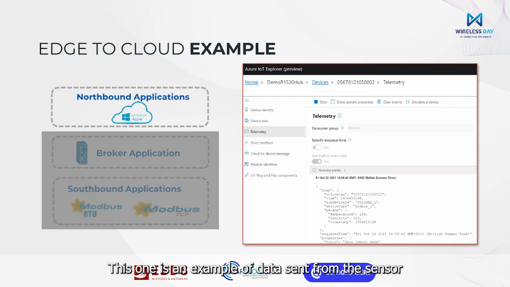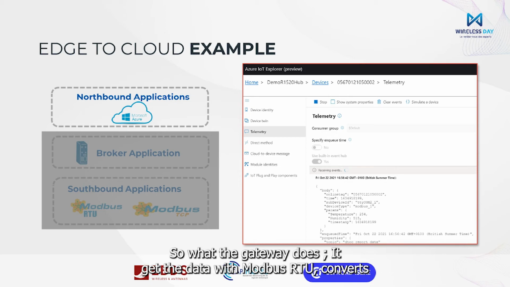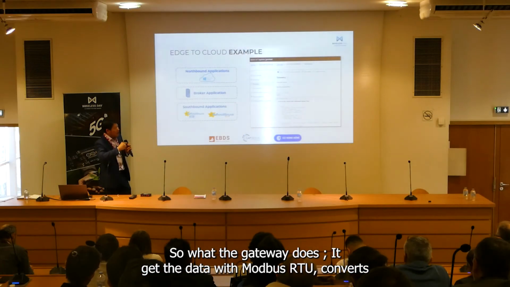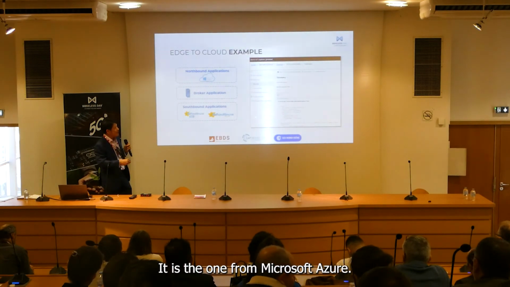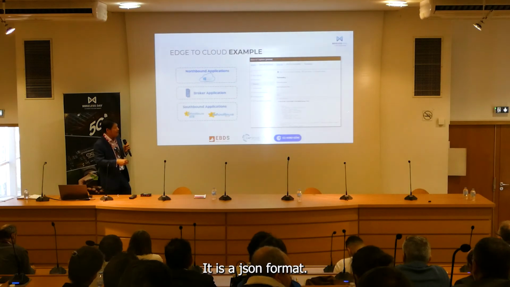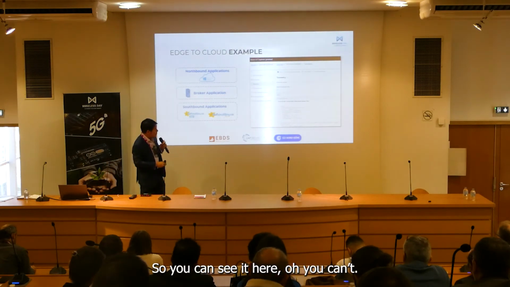This is an example of the data that's sent from the sensor. In this case, I use temperature and humidity sensors. What the gateway does is get the data via Modbus RTU, convert it, and send it via the gateway to Microsoft Azure. This is one from Microsoft Azure, in JSON format. So you can see it here.